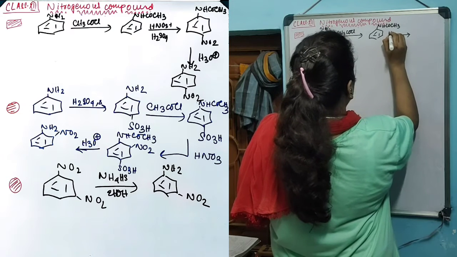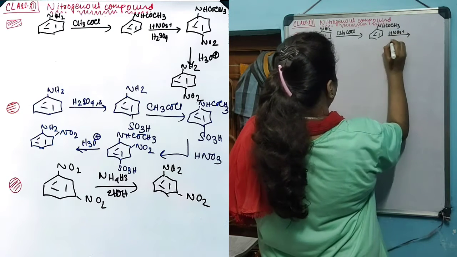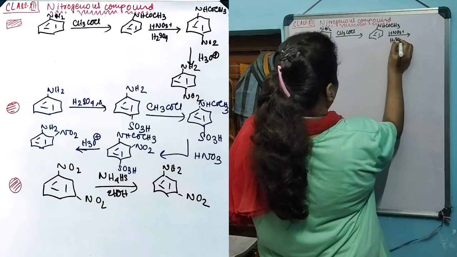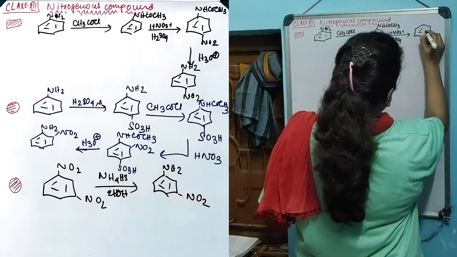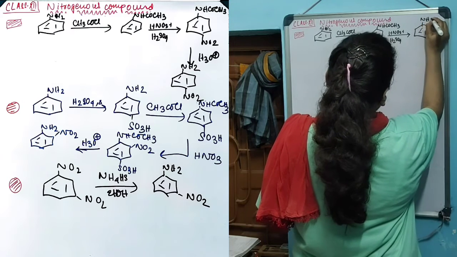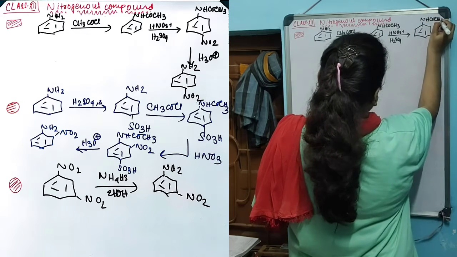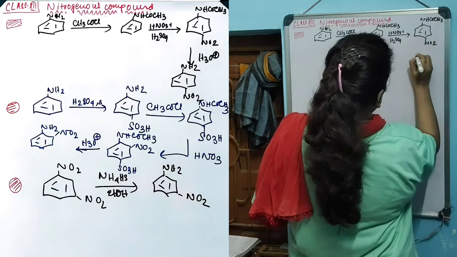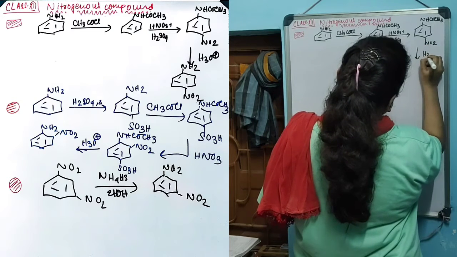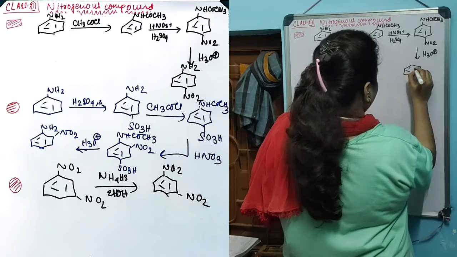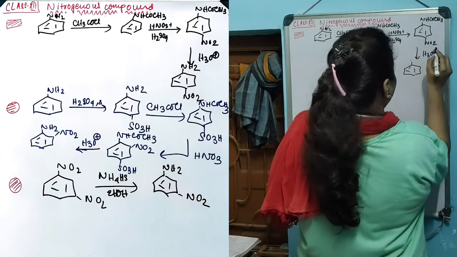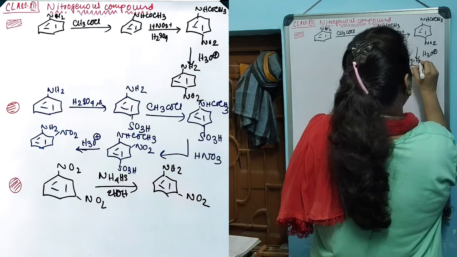Now, when a nitrating mixture is given to it, as this is a bulky group, preferential para nitro incorporation will be done, and after hydrolysis in the last step, we can prepare para-nitroaniline.